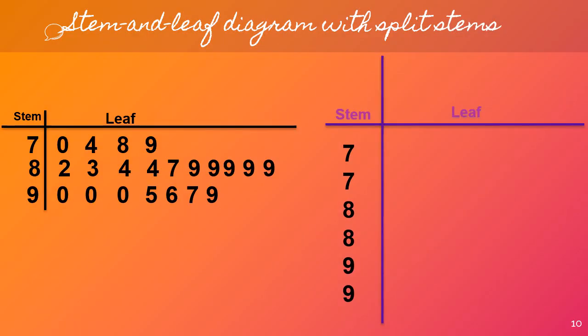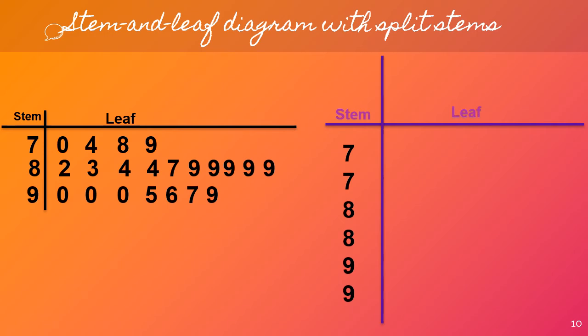Sometimes, a stem and leaf diagram may have too many leaves on some stems. When that happens, we can break each stem into two halves: one for the leaves 0 to 4 and the other for the leaves 5 to 9.